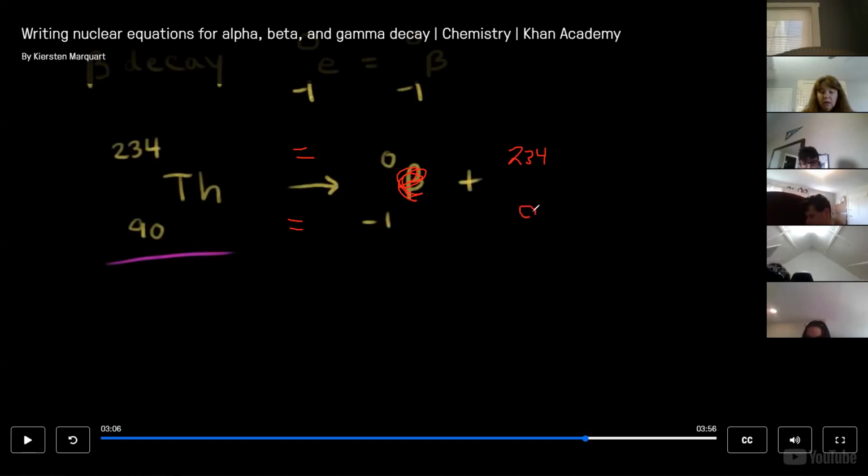So we need a 91 here. 91 minus 1 equals 90. We look up 91 on the periodic table. 91 is called protactinium. It's down here at the bottom, and it's got a symbol of Pa.